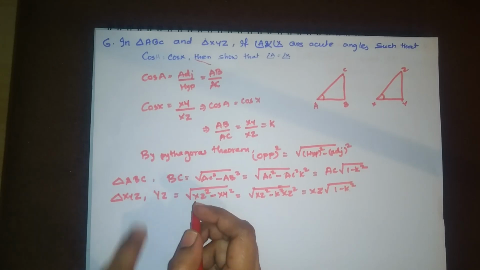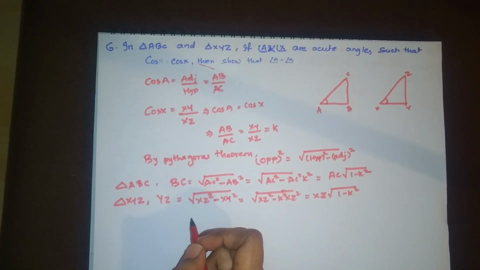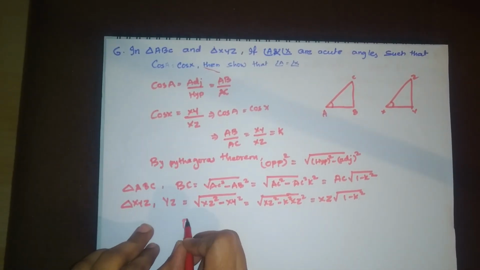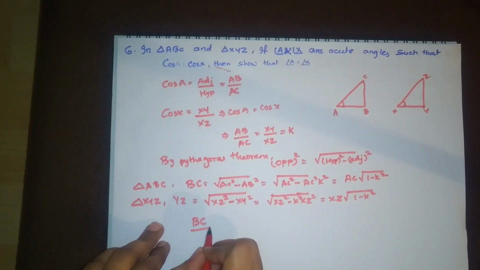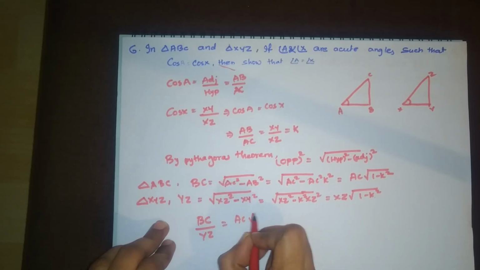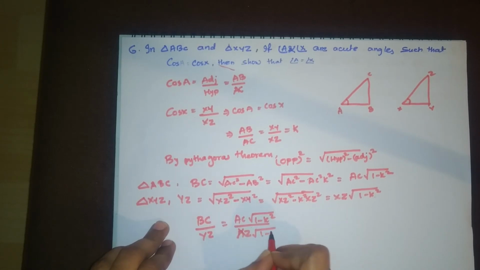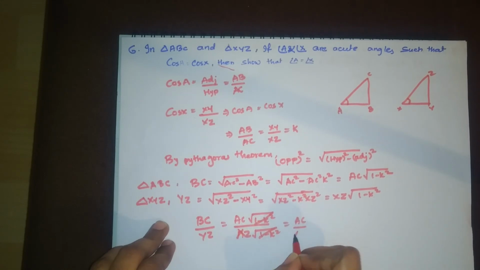Now the ratio of both the opposite sides. In that earlier problem we considered the ratio of adjacent sides, whereas here we are considering the ratio of opposite sides. It is equal to AC root of 1 minus K square over XZ root of 1 minus K square, which is equal to AC by XZ.